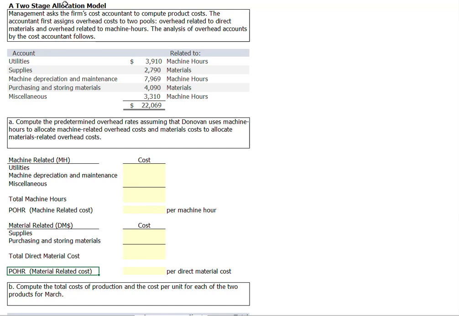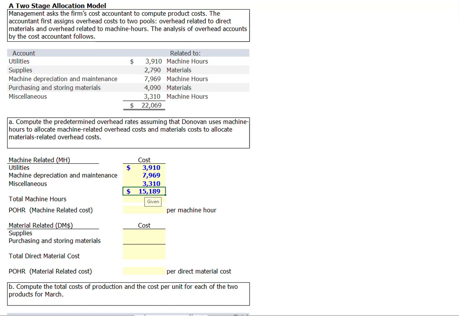So we need to pick up the costs that are machine-related. We've got utility cost of $3,910, depreciation of $7,969, and miscellaneous things we couldn't really figure out what to do with, $3,310. So total machine-related costs are $15,189.